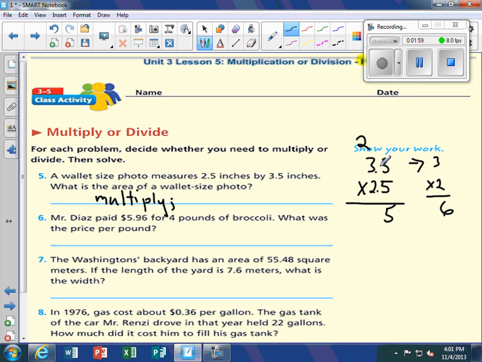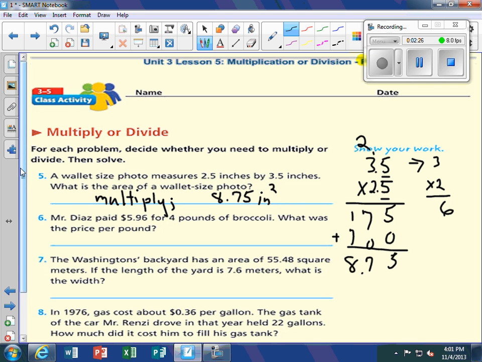We group the 2. 5 times 3 is 15 plus 2 is 17. I like to move over. 2 times 5 is 10. Carry the 1 and 7. So 5, 7, and 8. Multiplication and addition go together. I have 2 decimal digits, so 8.75, which is very close to 6 inches squared.